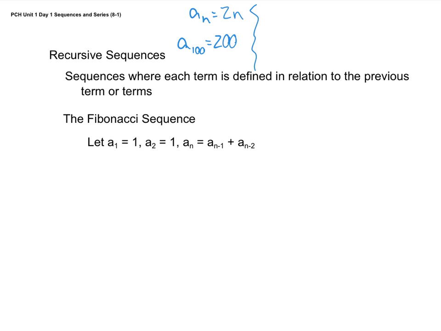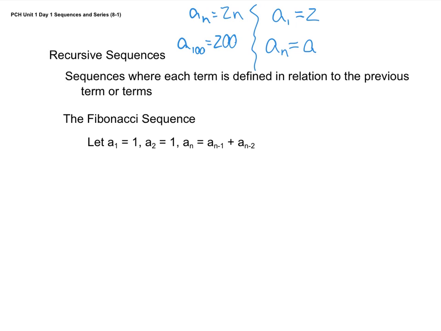Now, if I were defining that same sequence, 2, 4, 6, 8, 10, recursively, I would have to first of all define what a sub 1 is. The definition of a recursive sequence gives the first term, sometimes more than that, but we would have to say, okay, a sub 1 is 2, and then every other term, a sub n, is going to be the previous term.